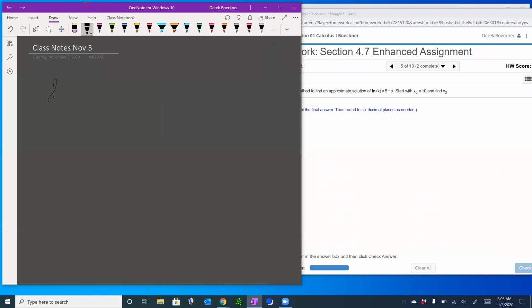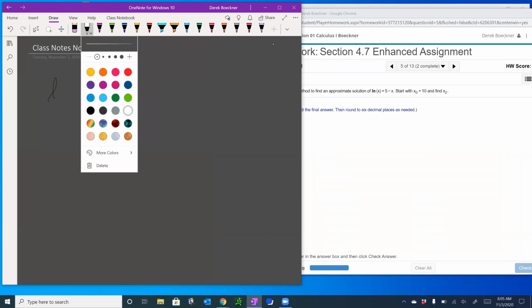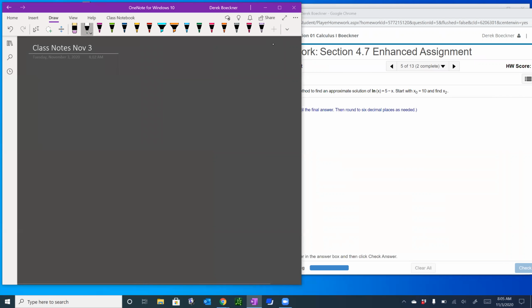So we got ln of x equals 5 minus x, and we want to get a solution to this expression. Newton's method gives us ways to find roots of things.